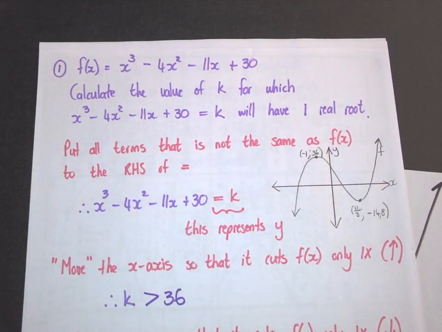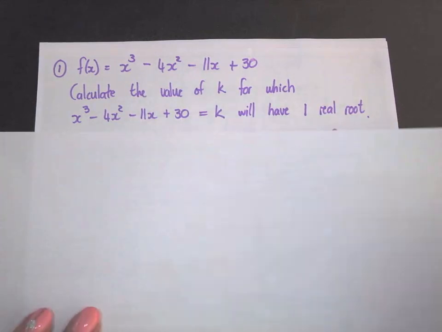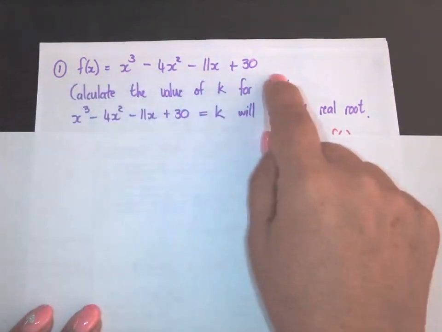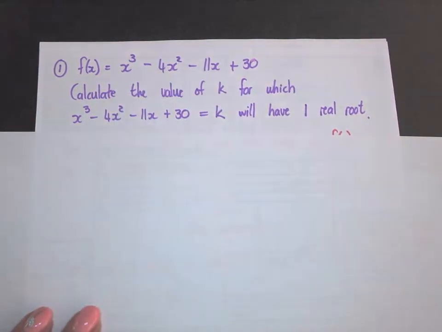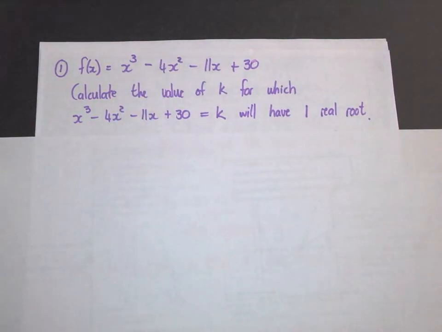Now, the question will read, I give you f(x). In this case, it's a cubic function. And I ask you, calculate the value of K. So K is between which floors can I jump onto the chrome decoration?